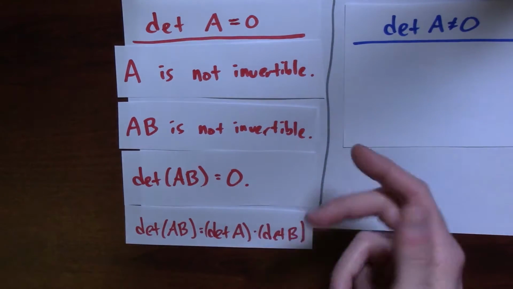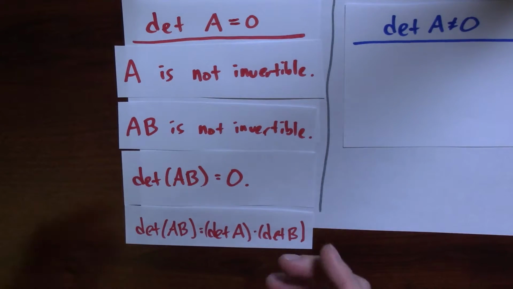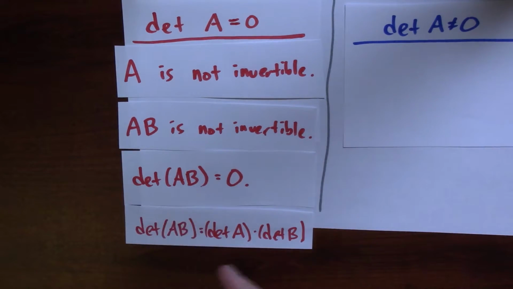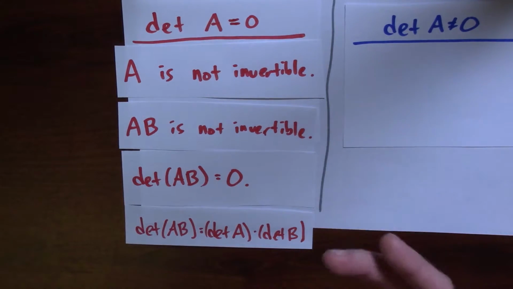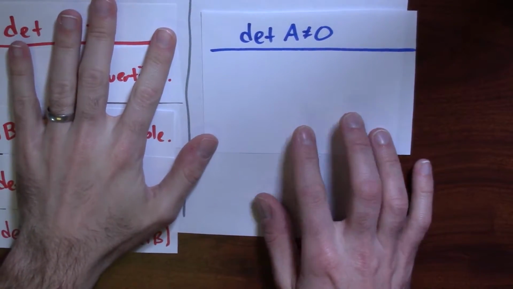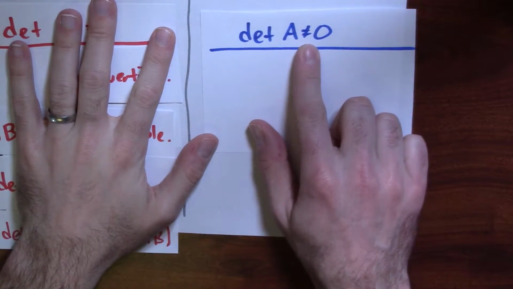But if you know these facts, then in this case we've shown that if the determinant of A vanishes, then the determinant of AB is equal to the determinant of A times the determinant of B. So there's definitely work hiding there. You have to know that if A is not invertible, then AB is not invertible, and you also have to be able to relate the determinant to whether or not the matrix is invertible.